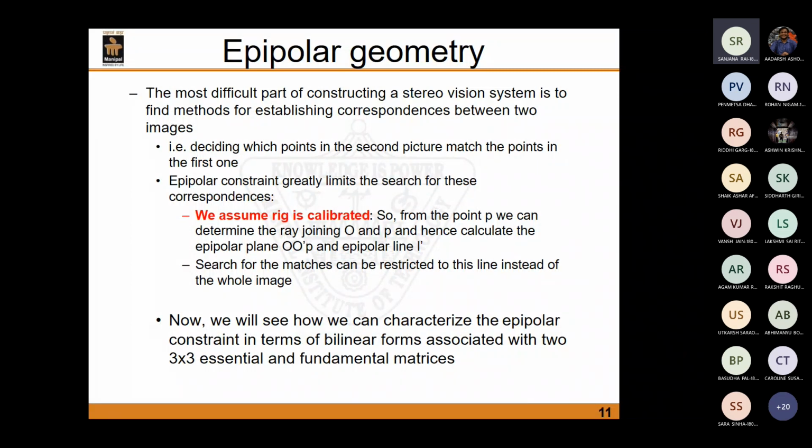So we will see how we can characterize the epipolar constraint. That means the concept of epipolar geometry that we just discussed, we will see how we can mathematically represent that.